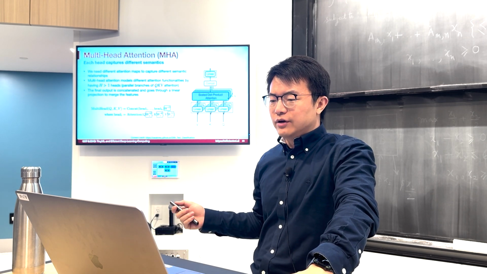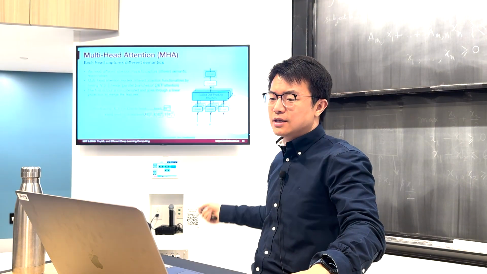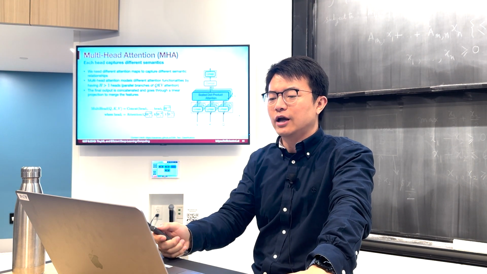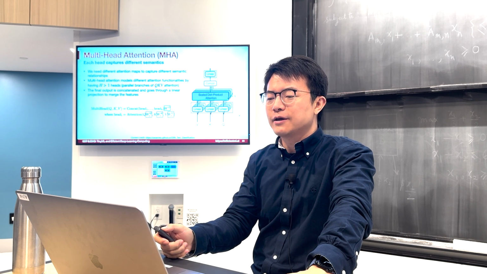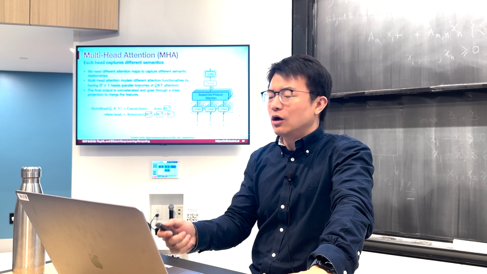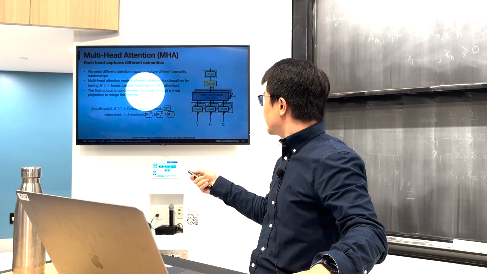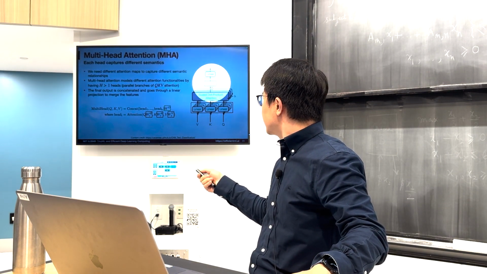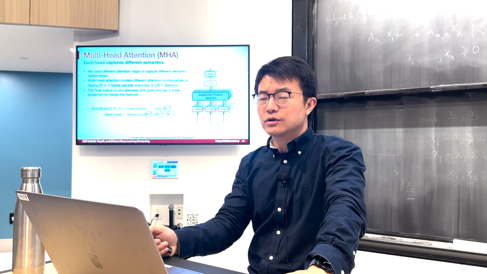Here we have multiple heads: first one, second one, third one, 3 heads in this case. They each have their own transformation matrix for the QKV. The final output is concatenated. We just concatenate the results from different heads and go through a linear projection layer to merge those features.